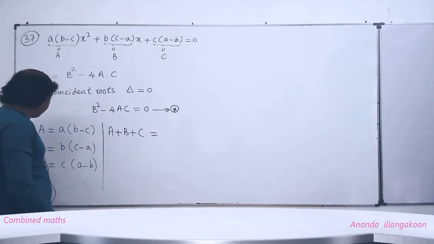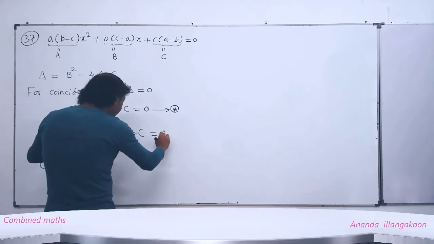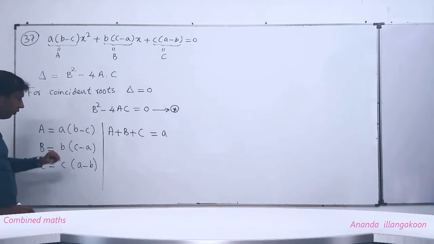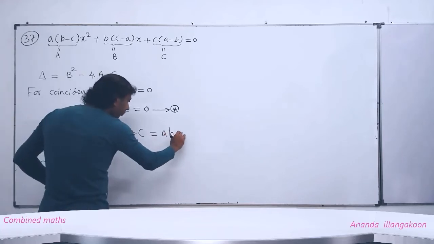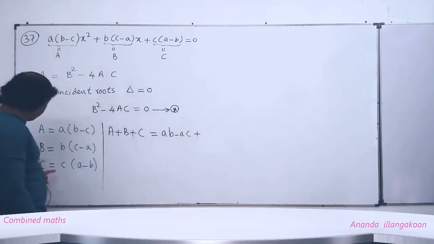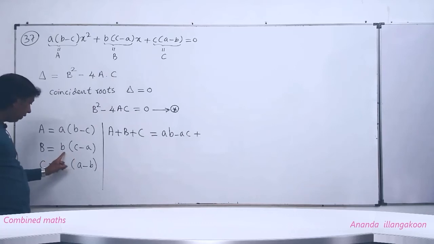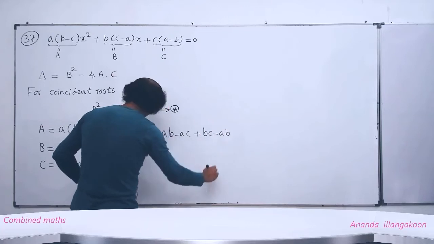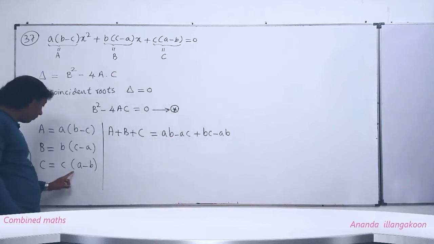Once you add this A, B, C, people, what happens? A means what? AB minus AC. Capital B means what, people? BC minus AB. C means AC minus BC.